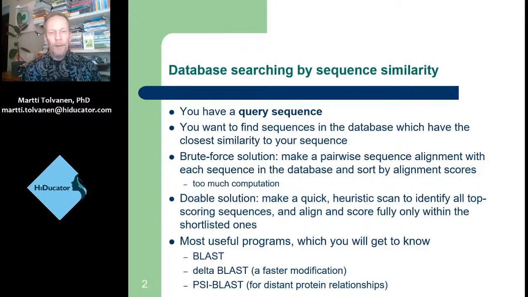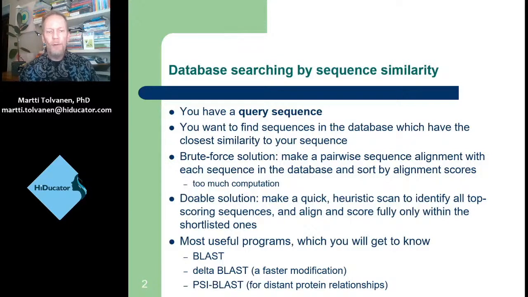And the algorithmic way to do that would be to make pairwise sequence alignments with every sequence in the database and sort them by alignment scores, but it's not really feasible. There's too much computation with hundreds of millions of sequences in the databases.